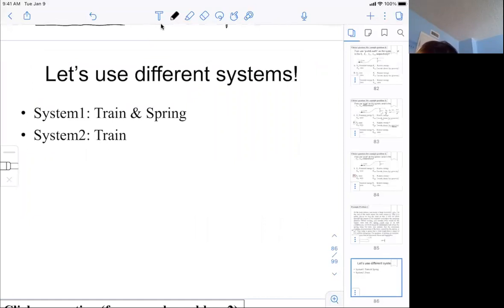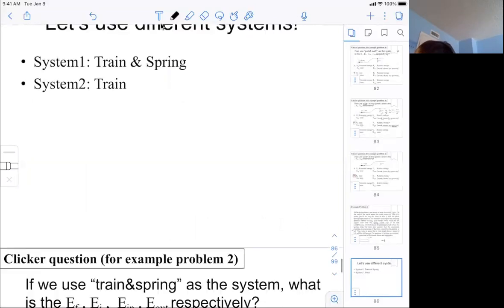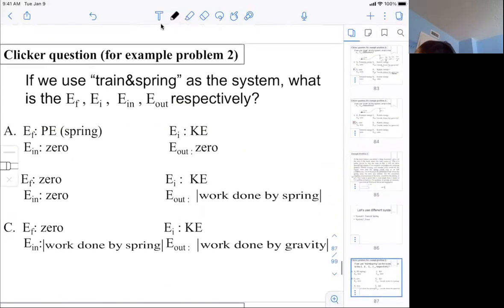Therefore, I did not bother to talk about the Earth in the system. Okay, so if we use train and spring as our system, what are all these terms? Again, take a couple minutes to discuss within your group. You can take a screenshot before you go.